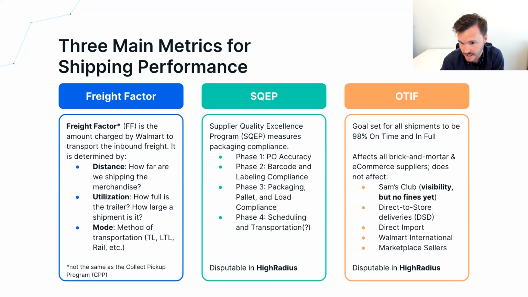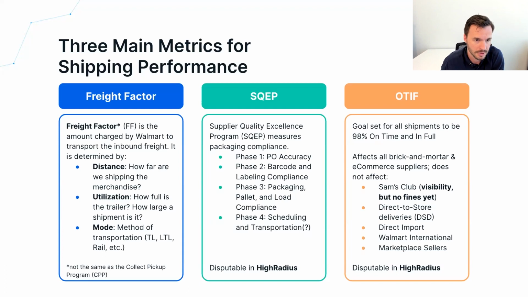It doesn't apply to direct to store, DSD. That's more of the small packaging. Some suppliers do go direct to store a lot, but for the most part, DSD, I think of it as the in-store supplies, like cleaning supplies for custodians and stuff like that. It doesn't apply to direct import, Walmart International, or marketplace sellers either.